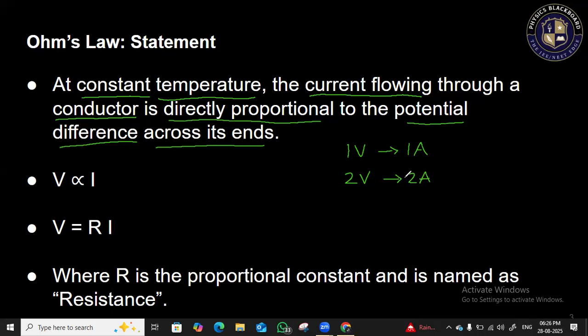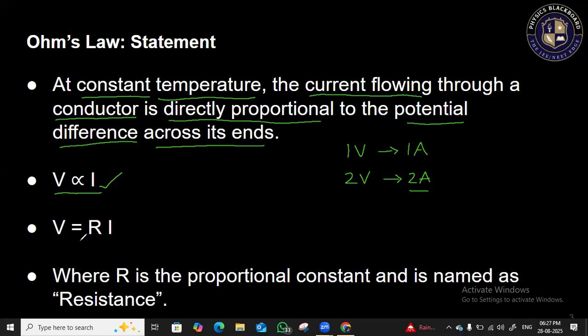Let's say 2 amperes. If you decrease the potential difference across the conductor, then the amount of current passing through it also decreases. So from this statement, we can relate the potential difference and electric current like this: V is directly proportional to I. Here, V is potential difference, I is electric current.